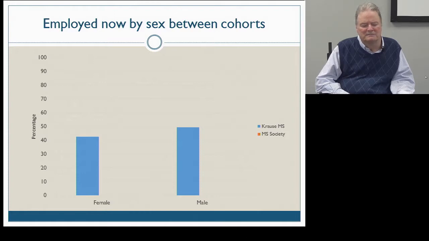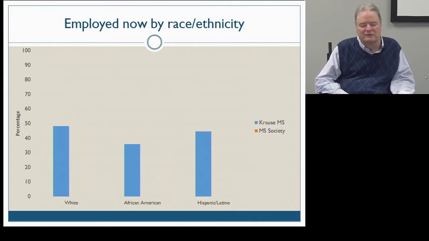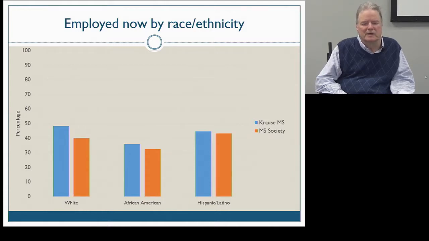Just a quick slide on the employment rate by sex. You can see actually a little bit different trend between the two data sets. Next. Employment status by race and ethnicity, and I'm going over these things relatively quickly.